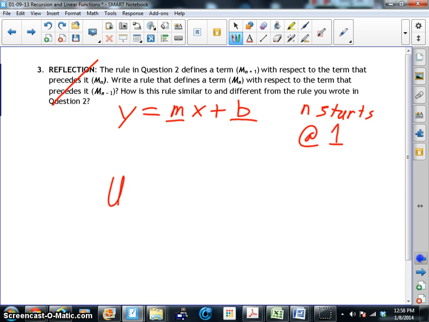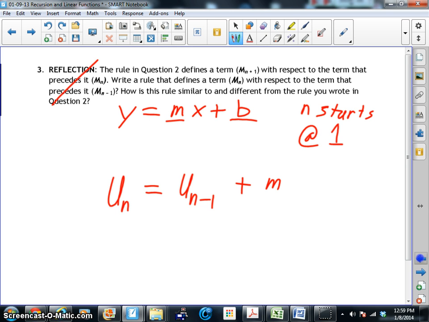This is u sub n is equal to our constant, which is always this m, so this is plus m, and we have whatever we have in the previous data. So it's u sub n minus 1.